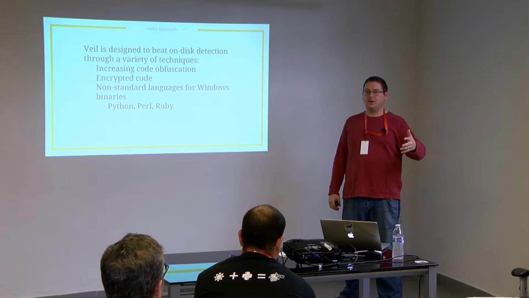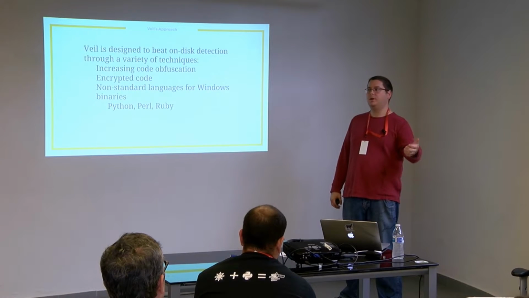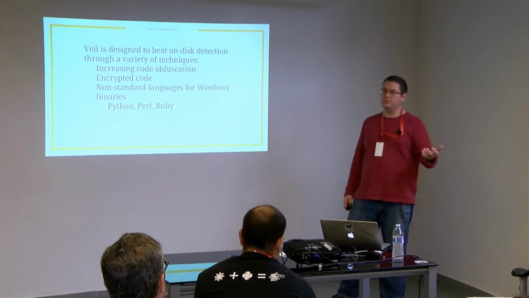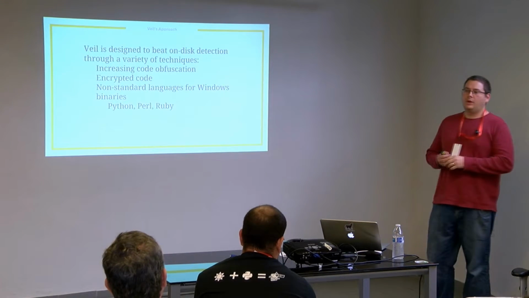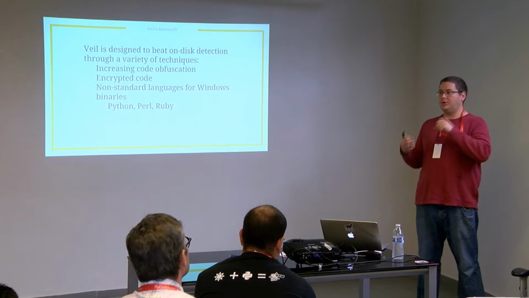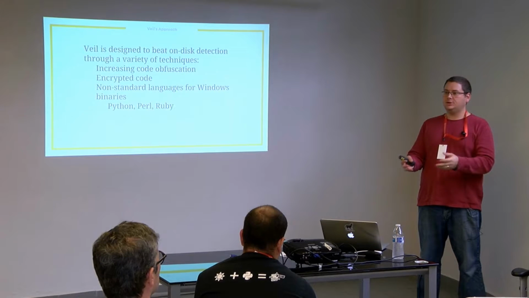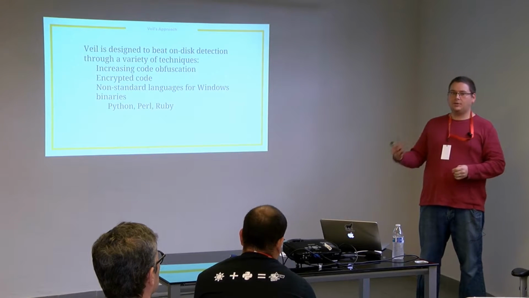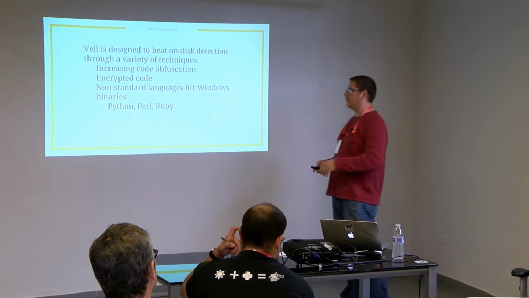If antivirus saw that every single time, then they could be like, okay, this is probably Veil output. This is probably malware. We should probably flag this. We use encrypted code where either the shellcode or the function calls that we're calling are all encrypted. And so on disk, you can't see anything. And at runtime, it uses a key to actually decrypt that code and then execute it all.